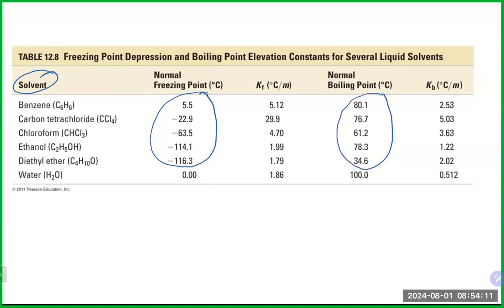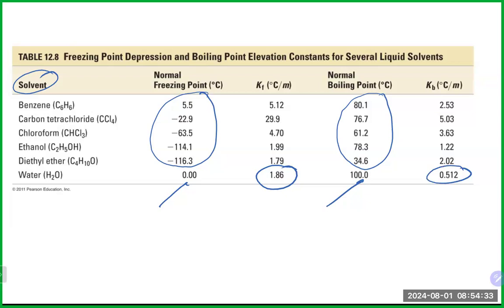So it's important that if it is not water, you don't use 0 and 100. But if it is water, 0 and 100 are the numbers that you use. 1.86 is the freezing point constant, and 0.512 is the boiling point constant for water, which is a solvent.